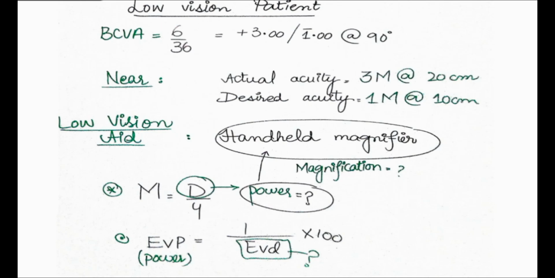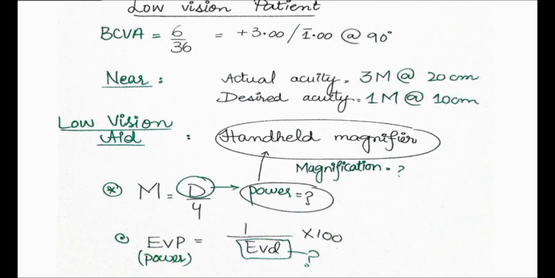His best corrected visual acuity with glasses is +3 sphere and -1 cylinder at 90 degrees. With this prescription the patient is now 6/36, and beyond this prescription the acuity isn't improved. And this is for the distance.